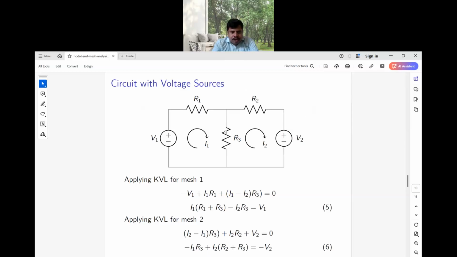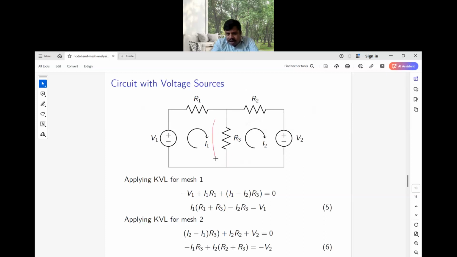Whereas if we see R3, if we consider this first loop, the current we are assuming is flowing from up to down in this manner. Whenever we are assuming current flowing from up to down, I1 is in the same direction. I1 is from up to down, whereas I2 will be in the reverse direction. So what is the resultant current flowing in the up-down direction?